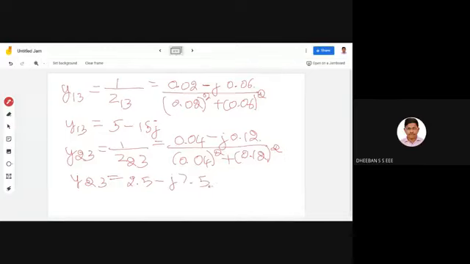So we have got the values of y13, y12, y23.